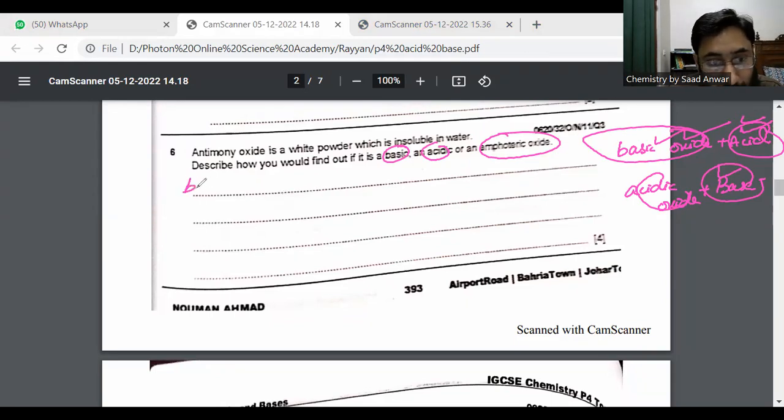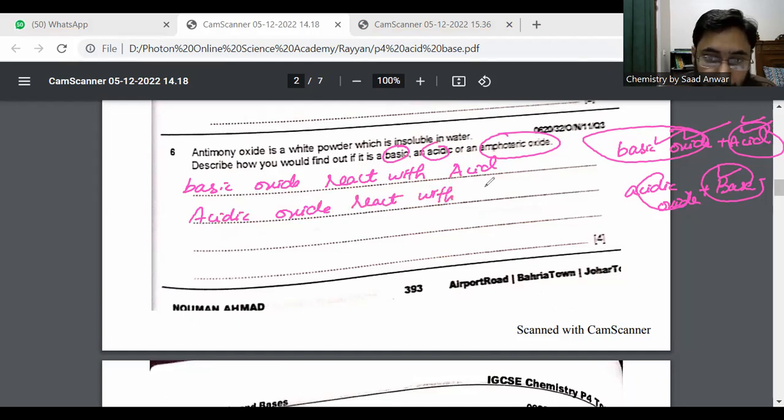So a basic oxide reacts with acid, it means that substance is basic in nature. An acidic oxide can react with alkali or a base.